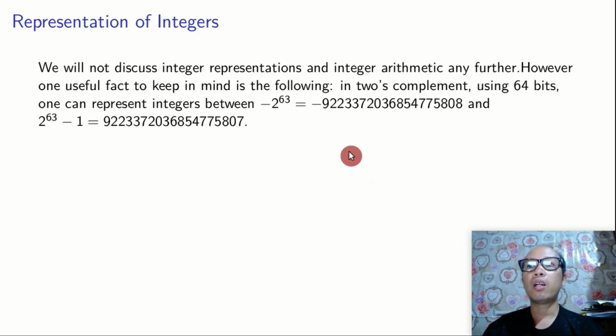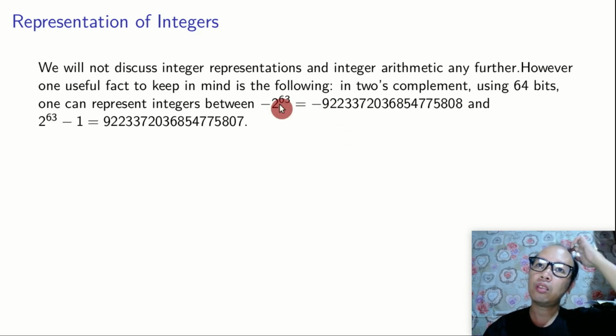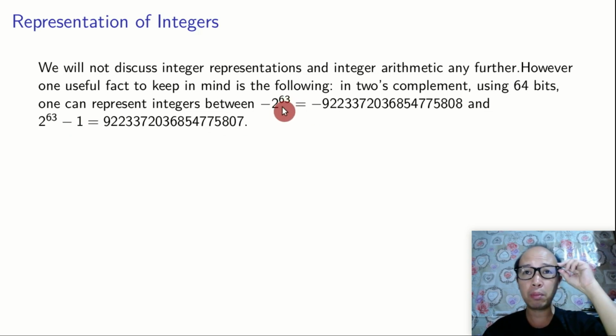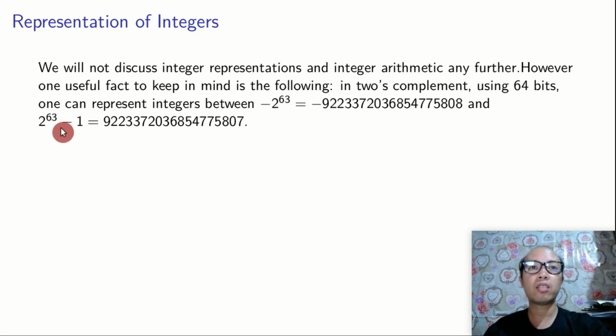However, we should keep in mind that in 2's complement using a 64-bit operating system, using this method, the smallest number is negative 2 to the 63, and the largest positive number is 2 to the 63 minus 1.